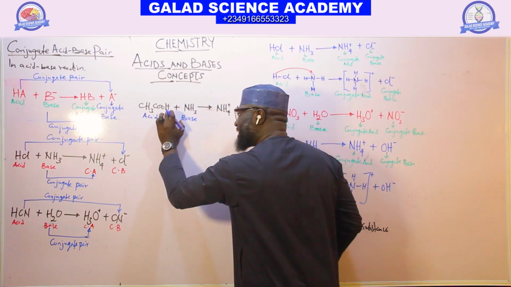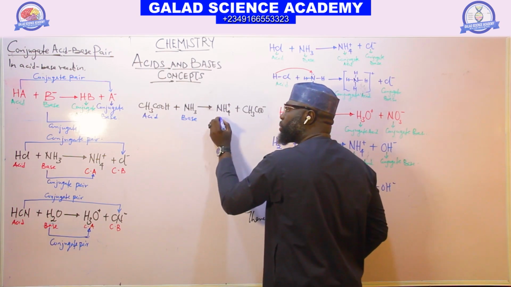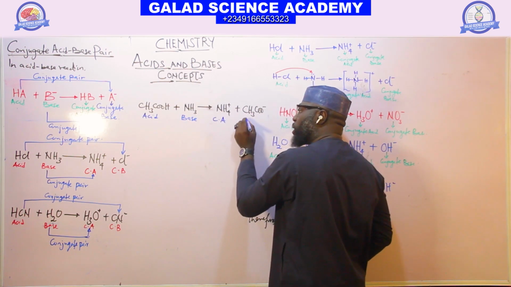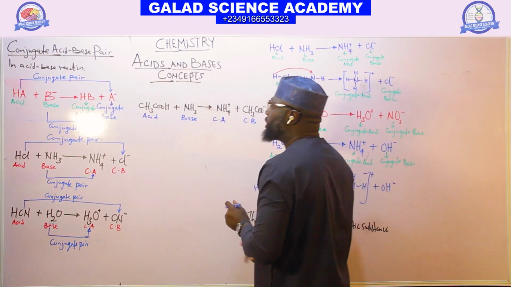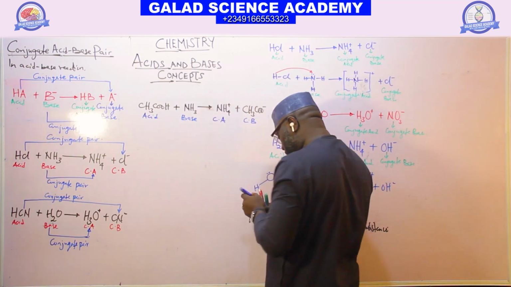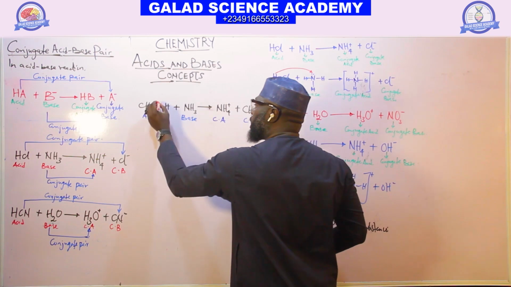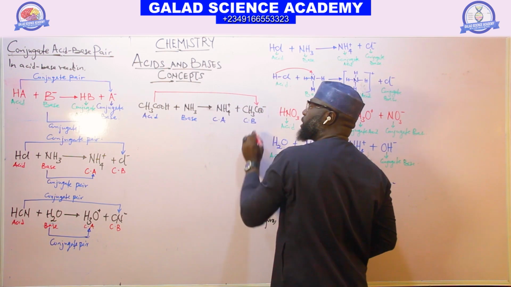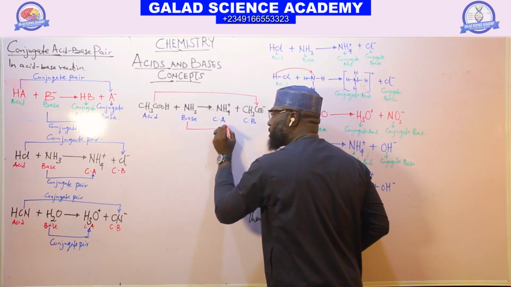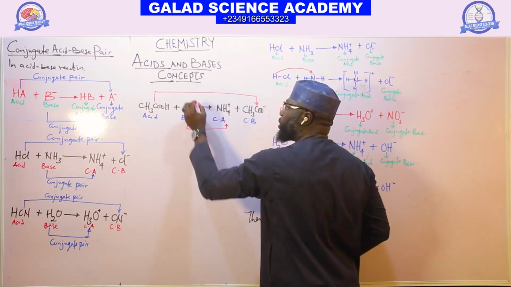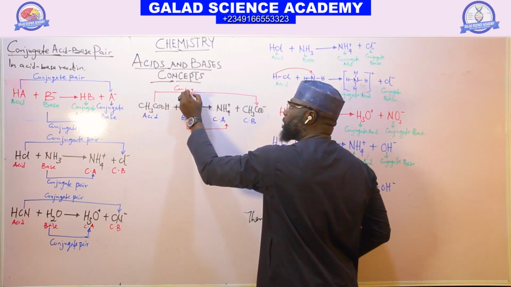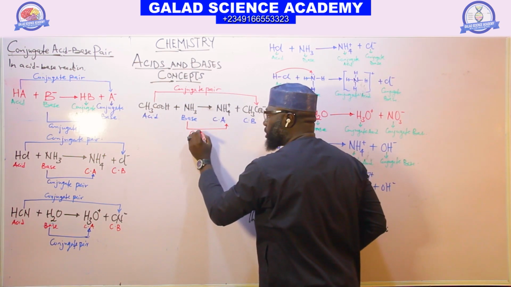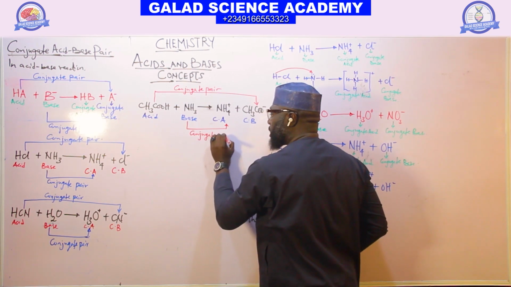When this acid releases its ion to the base, the base becomes the conjugate acid, and this becomes the conjugate base. So the conjugate of this acid is this, and the conjugate of this base is this. This is what we call a conjugate pair.